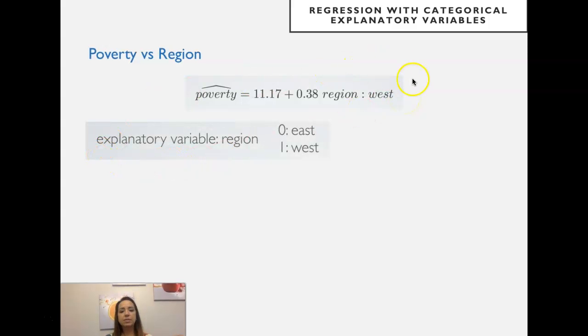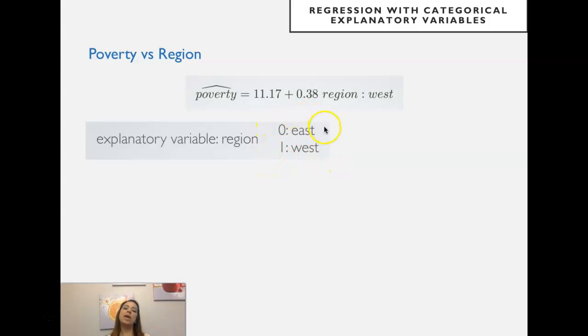Here you would have something like this when our explanatory variable is categorical, and the way we code it will affect how we're going to make the variable show up in the model. The reason we're doing region colon west is because we're coding the east region 0 and the west region 1.